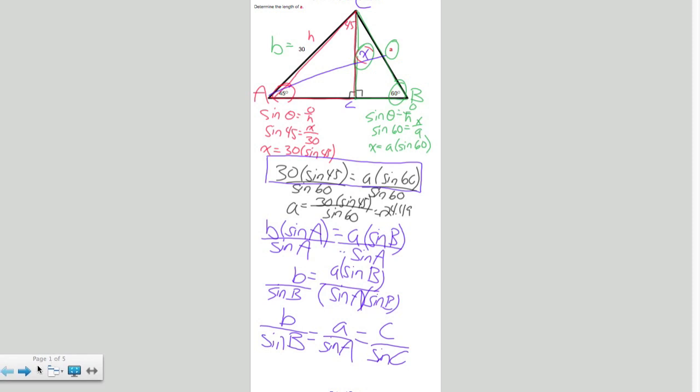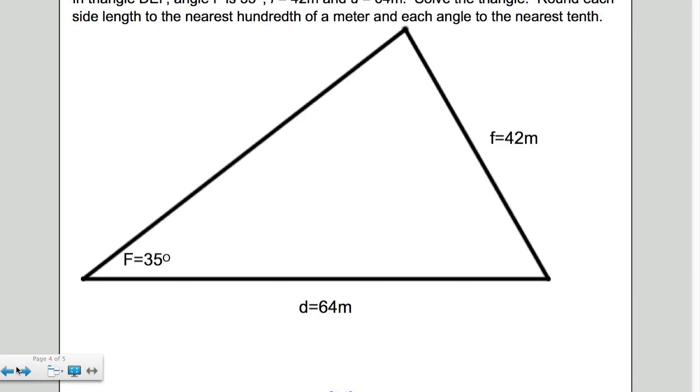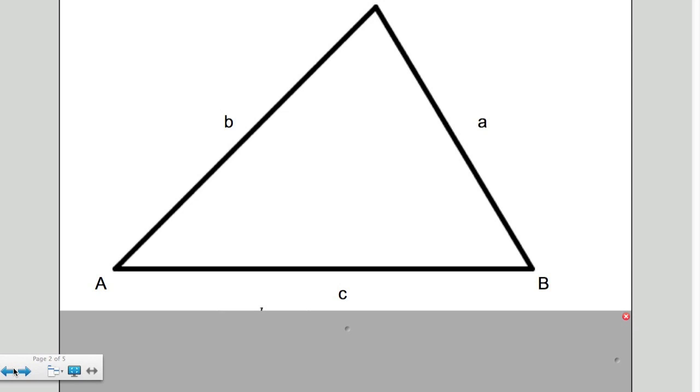Okay, so what I want to do is just from scratch, draw a fresh new triangle. This is the same triangle we had before, so draw it fresh. This time we're going to leave out the numbers, and we're just going to label it with the letters that we talked about.